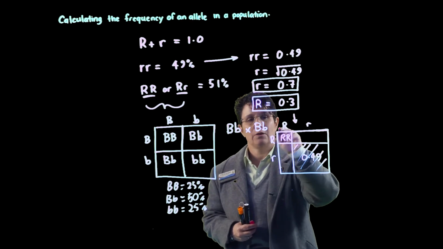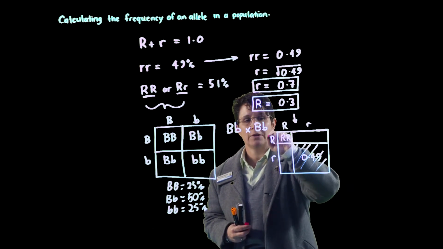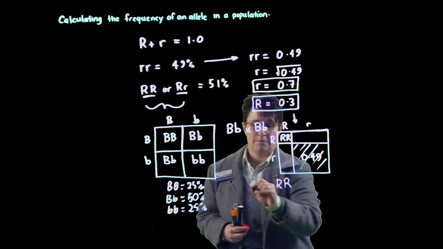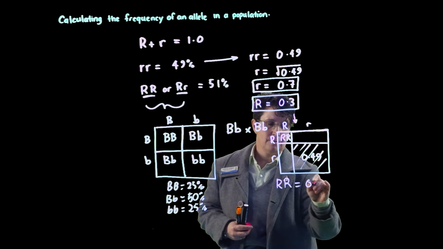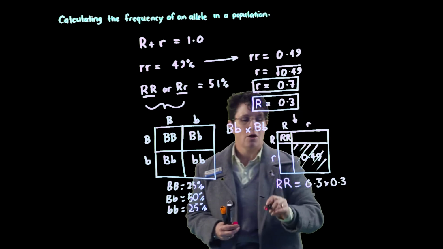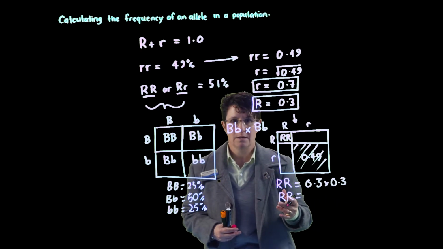But now we can accurately say that the homozygous dominant are a product of 0.3 times 0.3. So if the dominant allele equaled 0.3, then homozygous dominant must equal 0.3 squared.